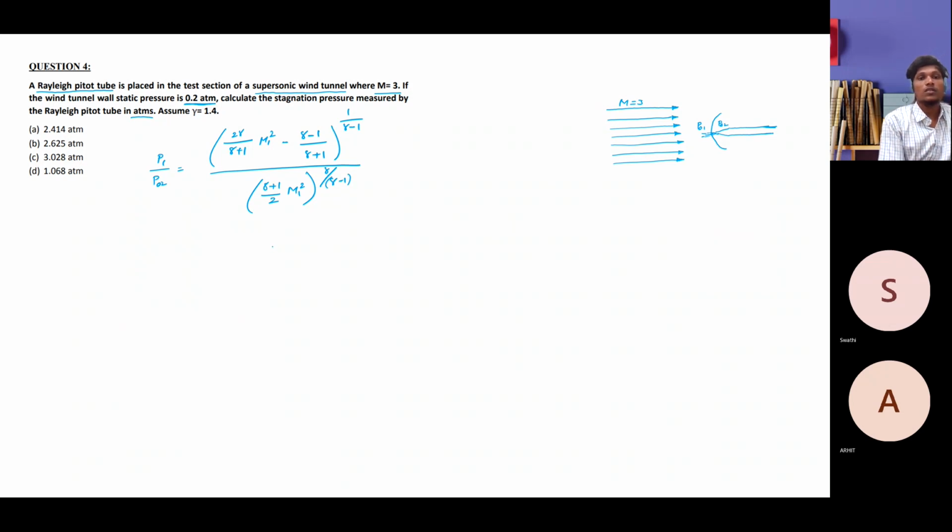So this is your Rayleigh formula for this kind of phenomena, when the Pitot tube that you are measuring forms a bow shock and there is loss of stagnation.